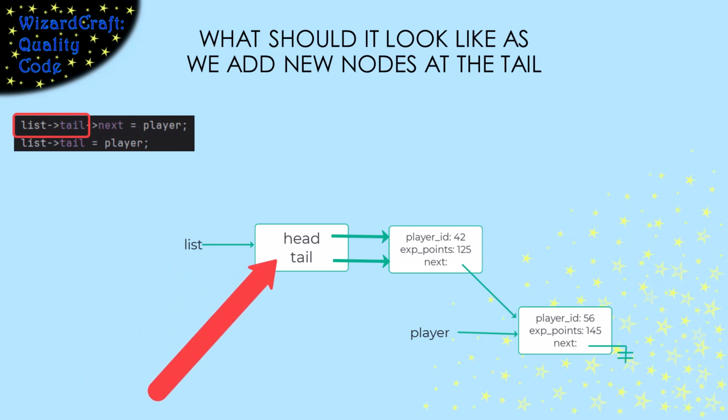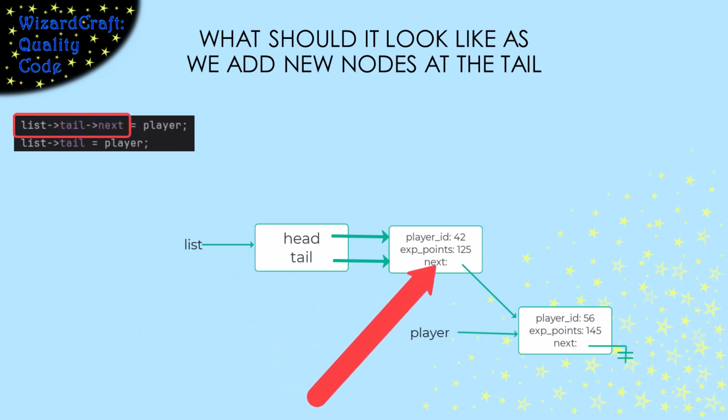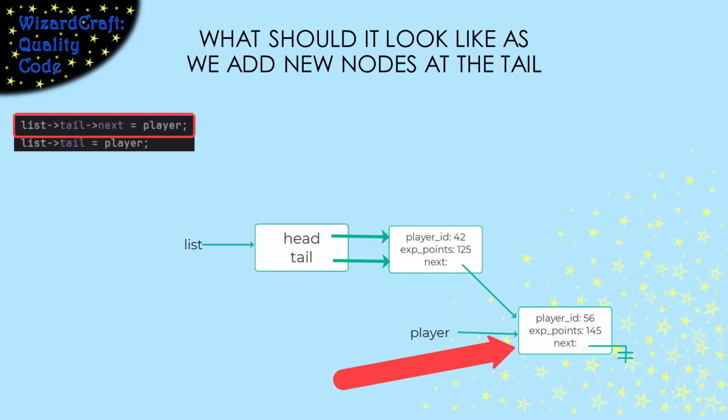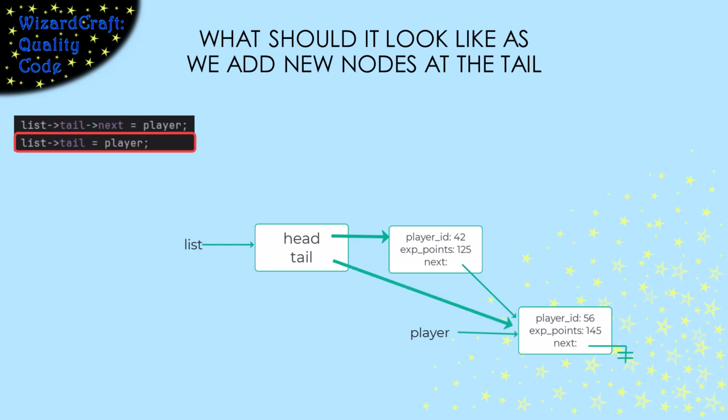List points to tail's next pointer should point at the player. That hooks the new node into the list. Then the second statement makes the list's tail pointer point at that new node. Since it's the tail, it should point at the last thing in the list. Now, just like with add at head, if you do those two statements out of order, the list becomes disconnected. Draw that on a piece of paper to see why.